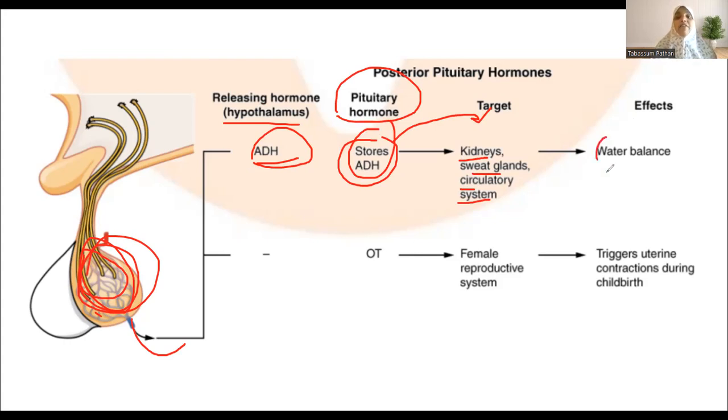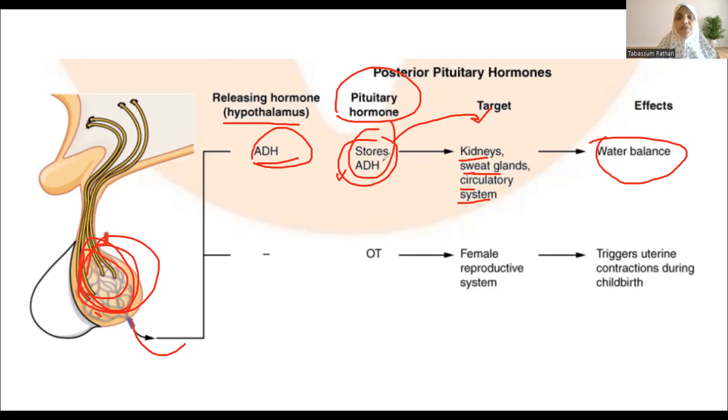It will have an effect on maintaining the water balance. Meaning, if too much water is getting secreted out of the body, then this antidiuretic hormone will stop its secretion. Whereas if there is very little water and it needs to be conserved in the body, then the body will start secreting antidiuretic hormone.